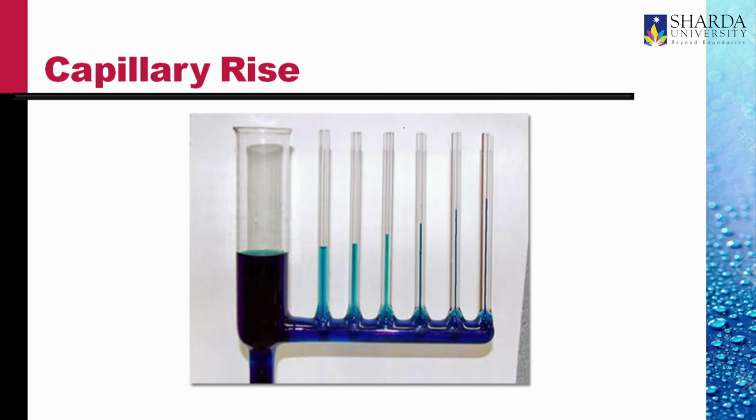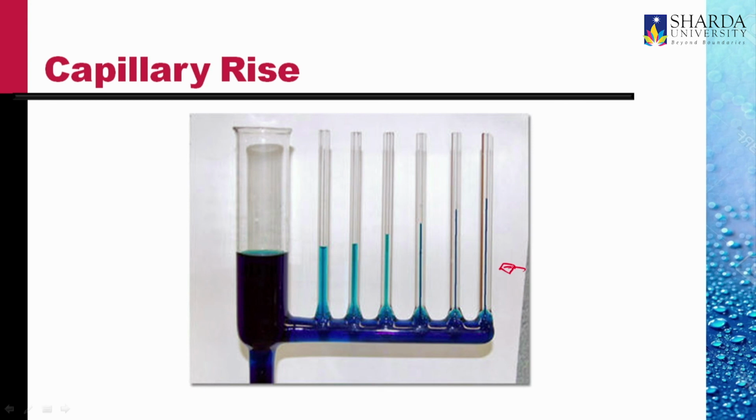In this picture is shown a container with a blue fluid and a number of tubes of varying bore. The leftmost tube has the largest bore, and the bore size decreases as you move to the right, so this tube has the smallest bore.